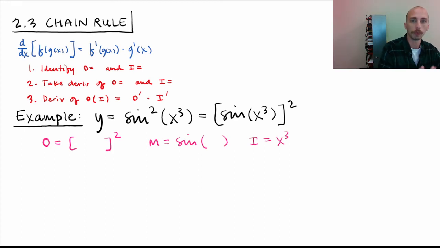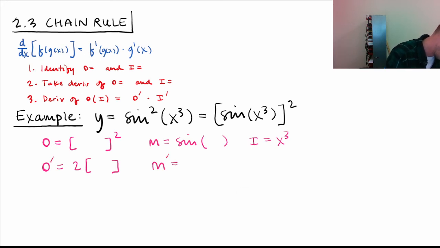Okay. I'm going to take the derivative of the outside and of the middle and of the inside. And we know that the derivative of something squared is 2 times that thing to the first. The derivative, that was outside prime, the derivative of the middle is the derivative of sine of a thing. And we know that's going to be cosine of a thing. And then the derivative of the inside is equal to 3x squared.